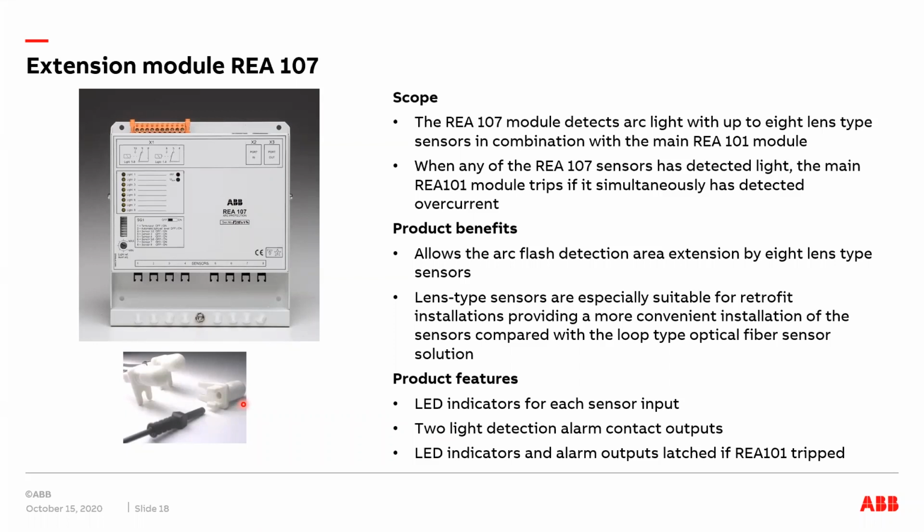Some have experienced that installing especially very long fiber sensors as loops might be challenging to route through each and every compartment, but these lens sensors are more handy in that respect. This unit has separate LED indicators for each lens if they have detected light, and here we have also alarm contact outputs.